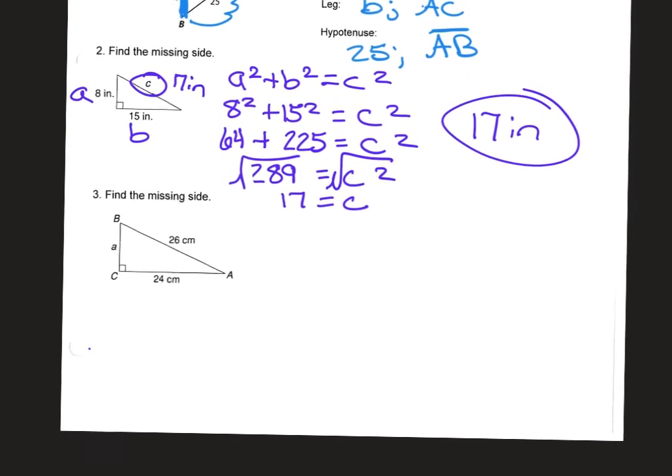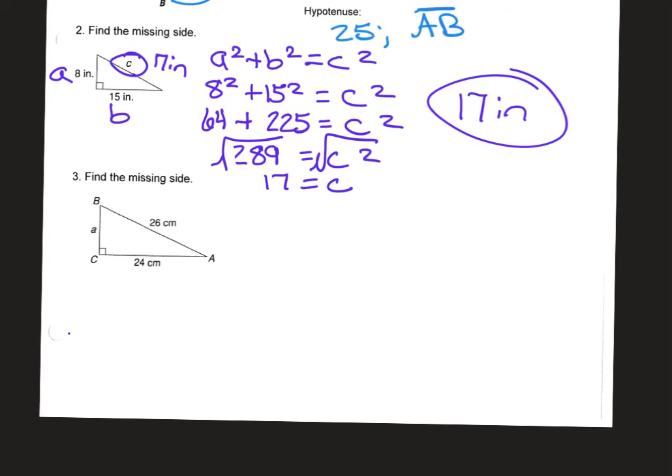Now we're going to do when we're looking for a leg. We know A is unknown, B is going to be 24, and your hypotenuse, your C, is going to be 26. So it's a little bit different than the ones we've done. I'm going to leave A squared plus B squared equals C squared as my formula. A is unknown, so I just write that down.